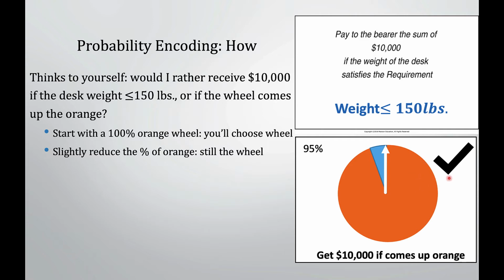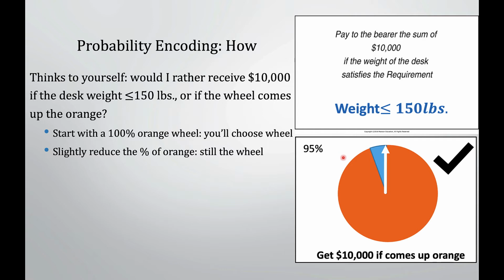Okay, that's easy. Wait, what does that mean? If you recall the five rules of actional thought, that means you believe the weight is under or equal to 150 pounds with less than a 95% chance, right? If you choose this one.